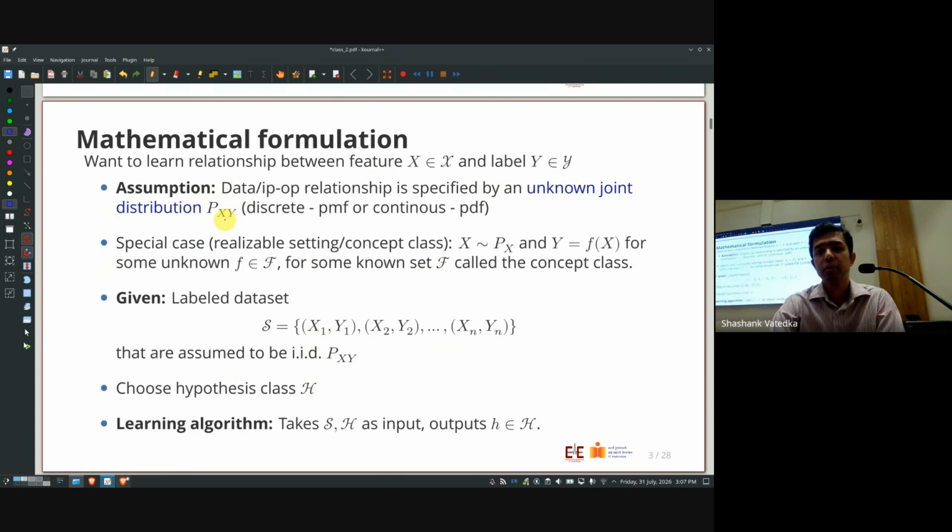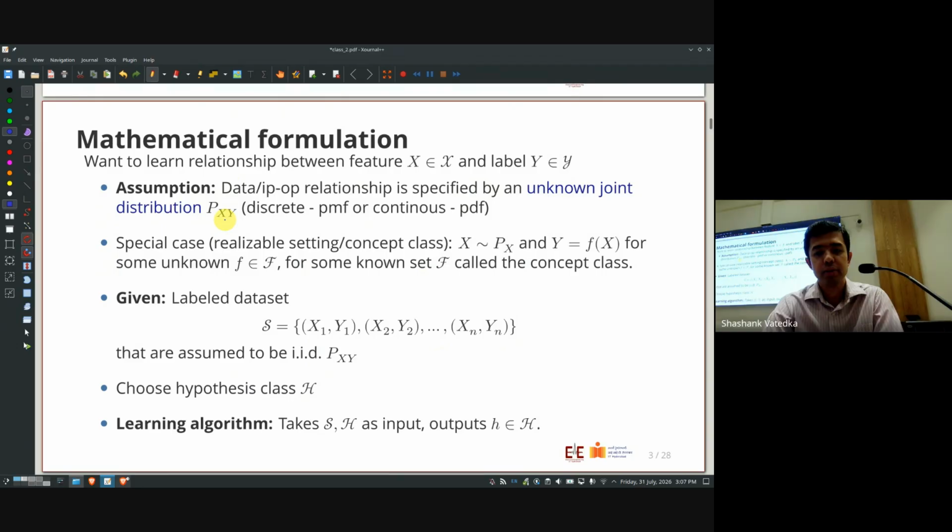For example, you could say that the true joint distribution is the following: X is randomly drawn according to some distribution, and y is equal to x plus some small amount of noise. So even if you knew x, it's impossible to predict y exactly.